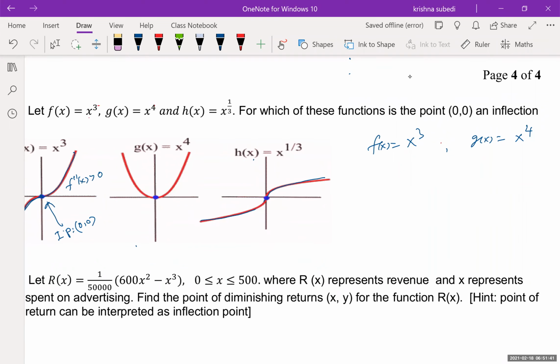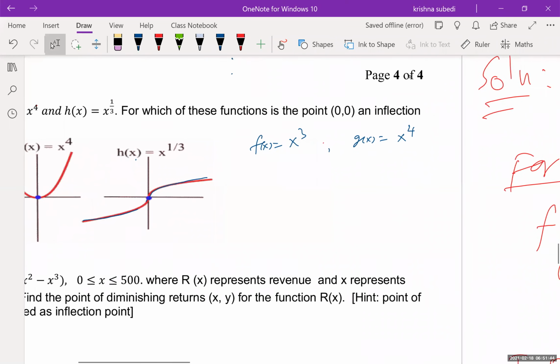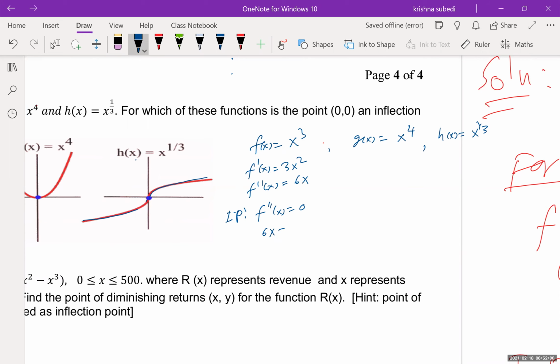Now, let us look at this by the method that we saw earlier. For f of x equals x cubed, your first derivative is 3x squared, and your second derivative is 6x. We know that for an IP, the second derivative is 0 or undefined, so 6x equals 0, x equals 0. For g of x, g prime of x equals 4x cubed, and the second derivative is 12x squared.